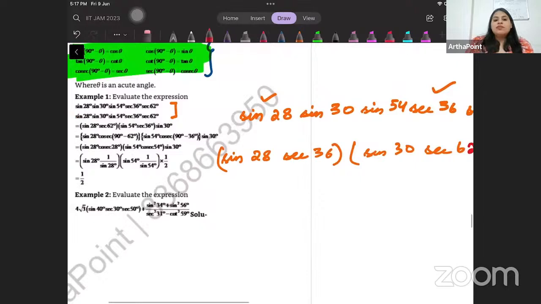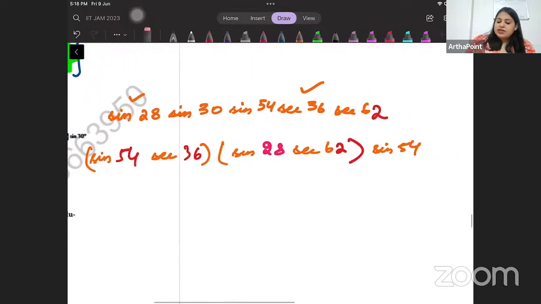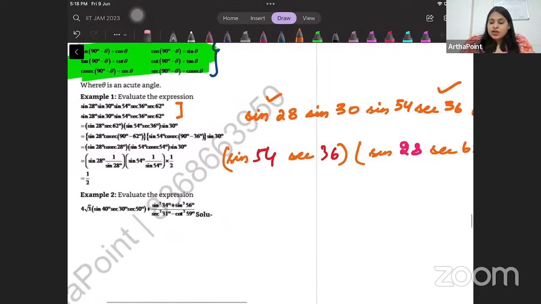With 62, let me bring in 28. I'll tell you why I am doing this. If this is 36, then 36 and 54 sum to 90. Now beta, think about it.